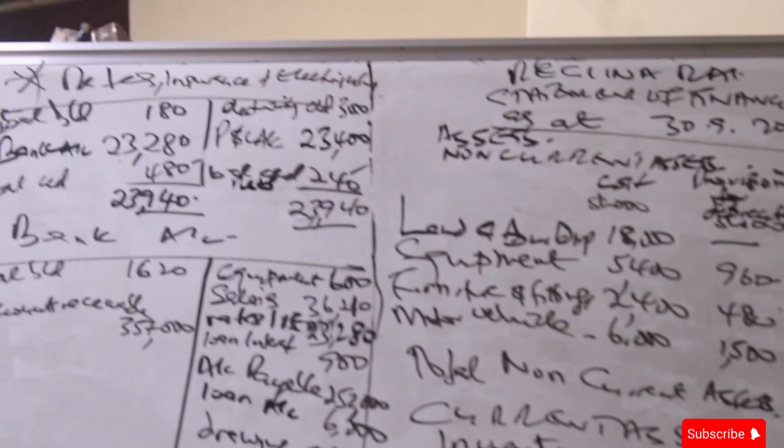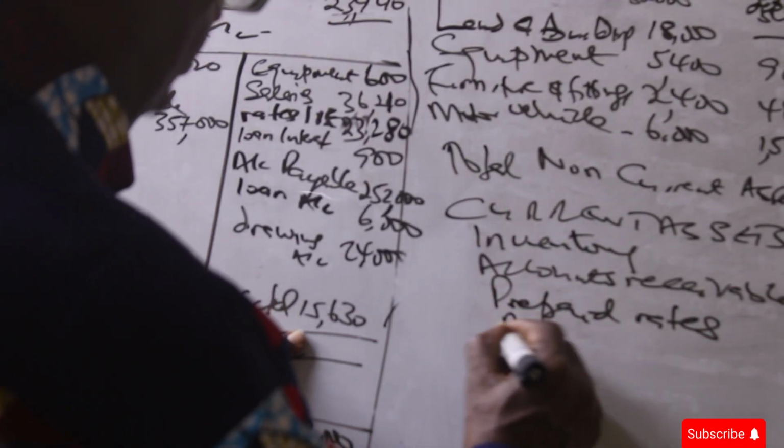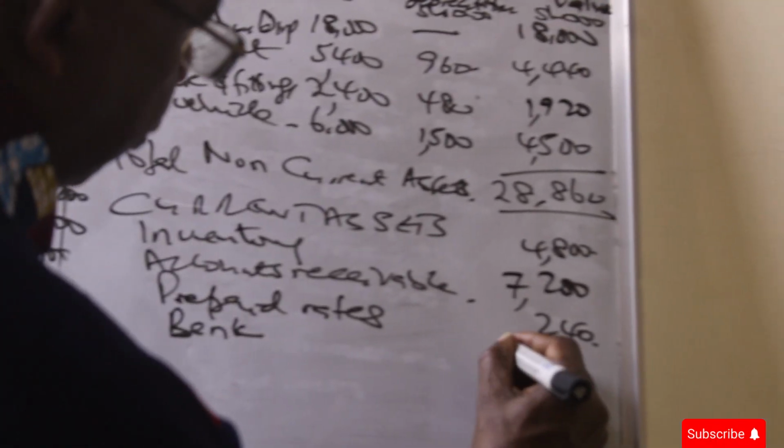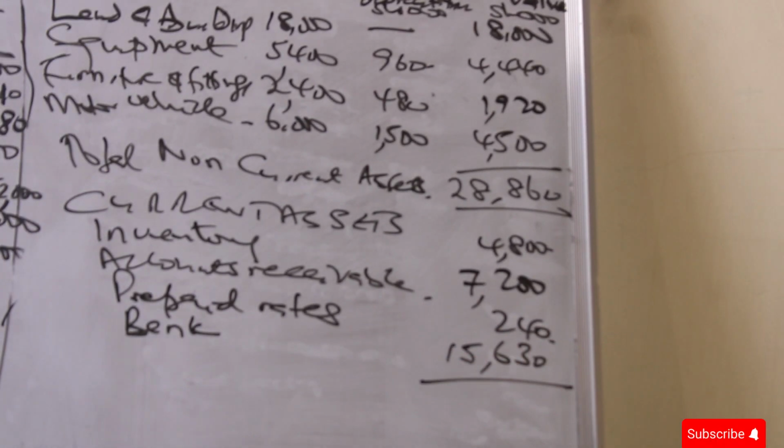And then we have our bank balance, which is 15,630. We need to add them up: 4,800 plus 7,200 plus 240 plus 15,630.